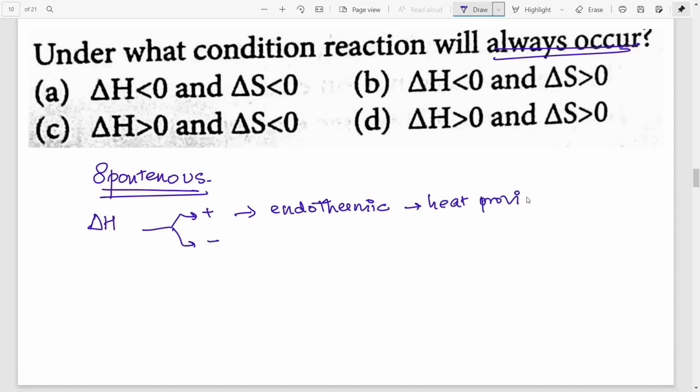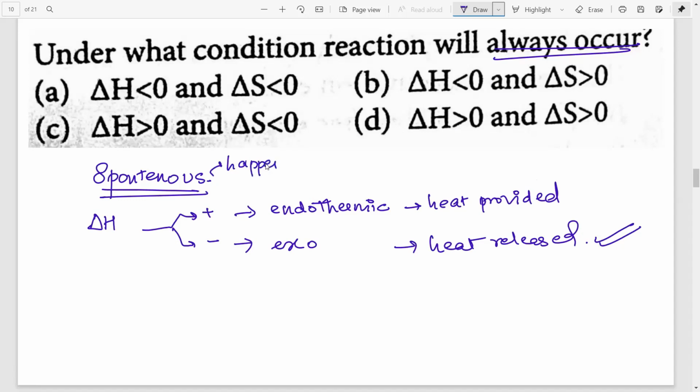And minus is when heat is released. Obviously, which one would be more spontaneous? The one that releases heat, right? Here you have to give something. Whenever you are doing something to make a reaction happen, that falls under non-spontaneous. Spontaneous means it happens on its own. So for spontaneity, delta H has to be a negative value.